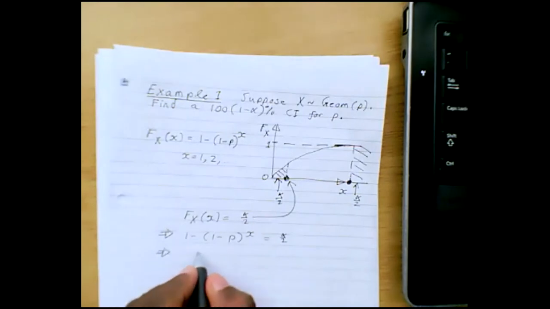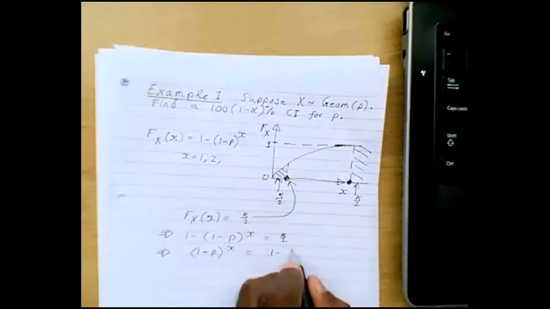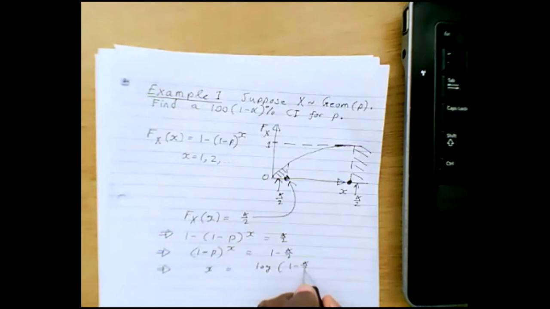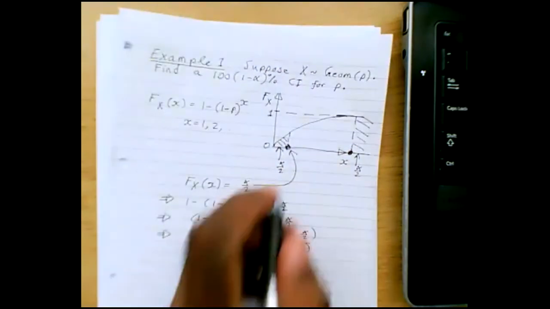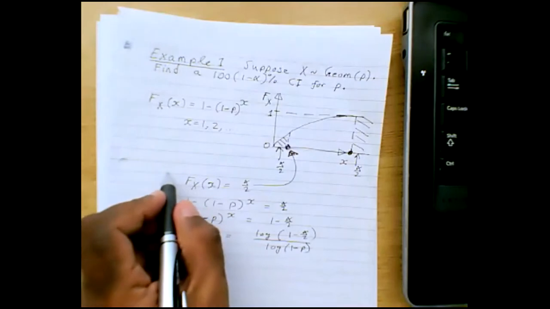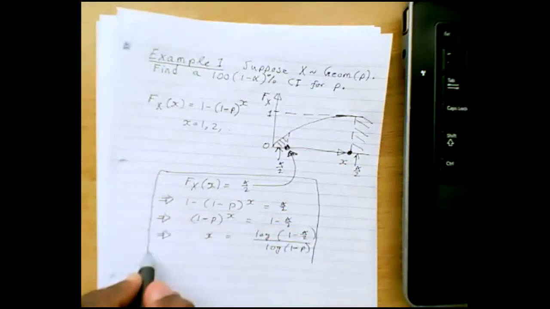This implies that (1 minus p) power x is 1 minus alpha by 2. So x will be log of (1 minus alpha by 2) divided by log of (1 minus p). That's the coordinate of this point here. Let me put this in a box so you can see what I'm doing.